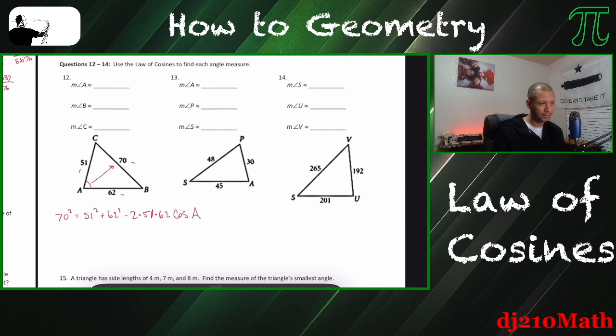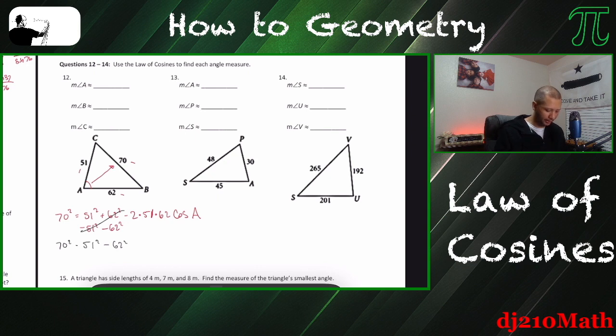So now I need to start by algebraically moving things to the left-hand side. That means I'm going to subtract 51 squared and subtract 62 squared. So we're going to get 70 squared minus 51 squared minus 62 squared. Those all cancel, and now everything left is being multiplied.